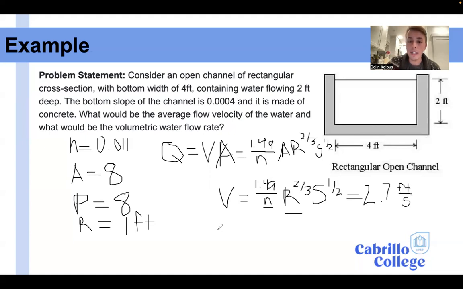And my flow rate is equivalent to velocity times area. My area is 8 in this case. And so my flow rate is about 16, a little larger than 16. So like 20-ish.